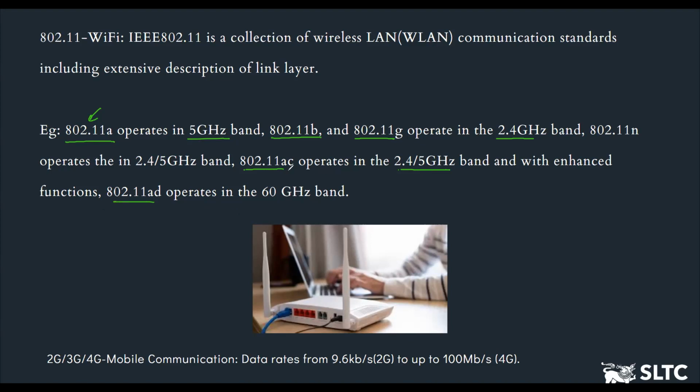protocol. For example, 802.11ac is the advanced protocol standard when compared to 802.11a, which means that it can transmit in both 2.4 and 5 gigahertz ranges, and it can also support multiple input, multiple output communication schemes. That means it can support multiple antenna communication schemes.